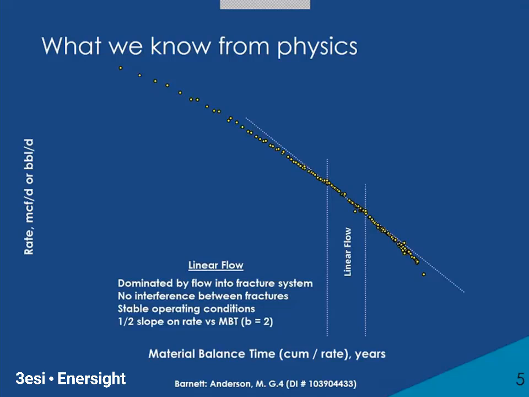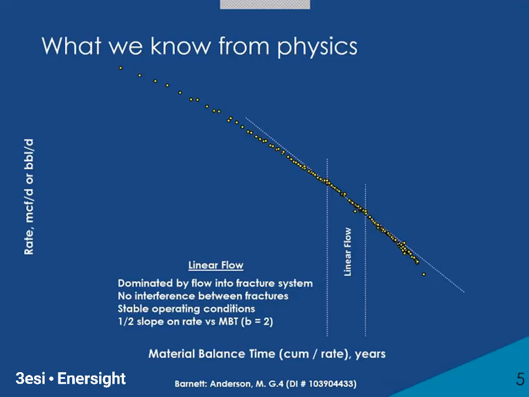Another feature of using material balance time is that there is a superposition effect going on. So once you move out of linear flow and into boundary influenced or boundary dominated flow, the b value collapses to 1. So on material balance time, all the different Arps hyperbolic solutions all look harmonic.